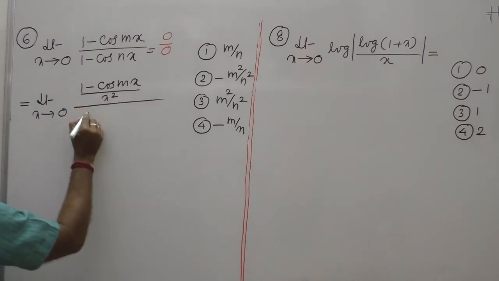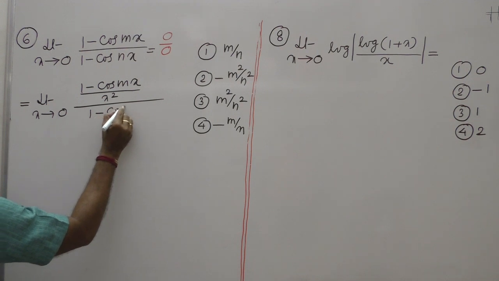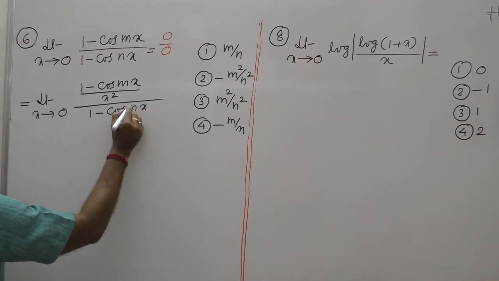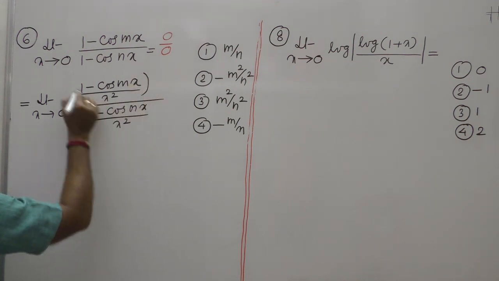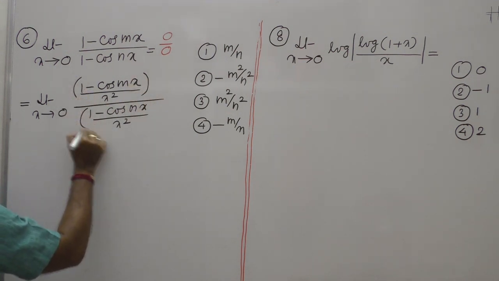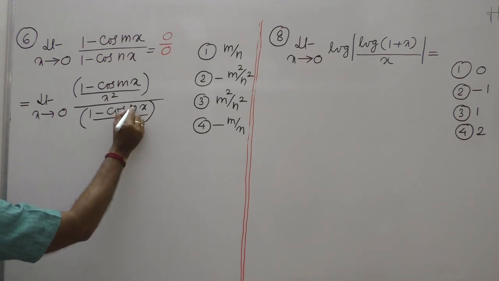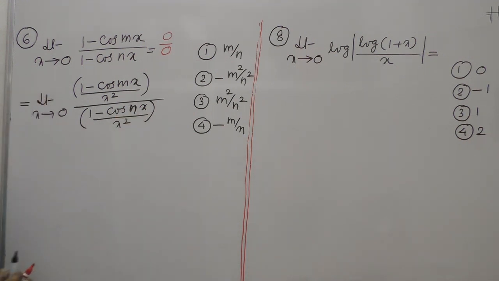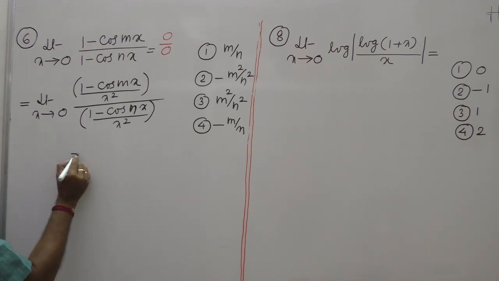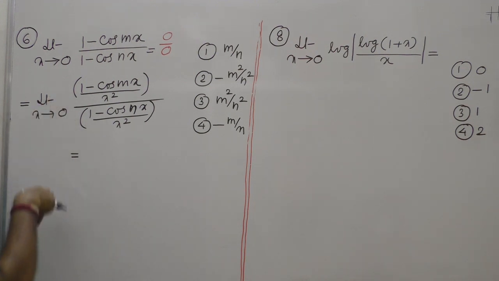The same function is there in the denominator, dividing this also by x square. So I have divided numerator and denominator by the same x square. Makes no difference. Then this limit is applicable for both.